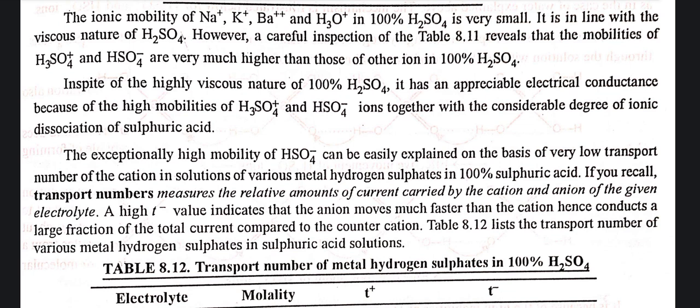If you recall, transport number measures the relative amounts of current carried by the cation and anion of the given electrolyte. A high t negative value indicates that the anion moves much faster than the cation, hence conducts a large fraction of the total current compared to the counter cation.